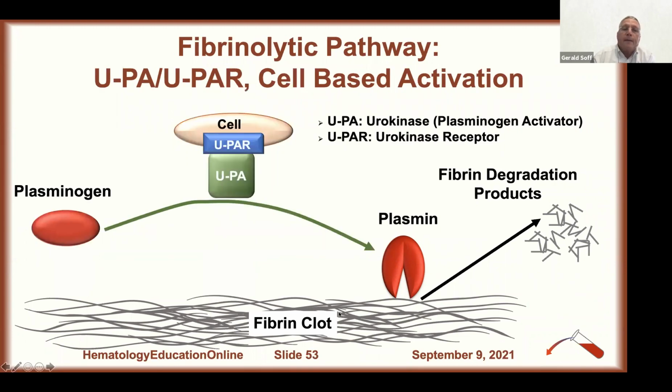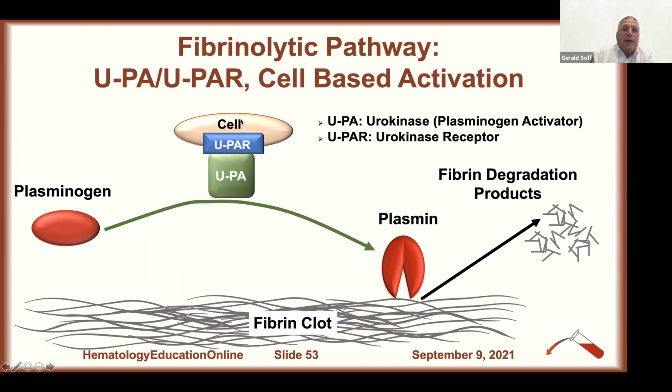There's an alternative way of activating plasmin, though. So here's showing a cell-based mechanism, plasminogen shown here, and then a range of cells, such as prostate cells and some other cells, uterine cells, will have uPAR on the surface, the urokinase plasminogen activator receptor. And it will bind urokinase, or uPA, and activate it.